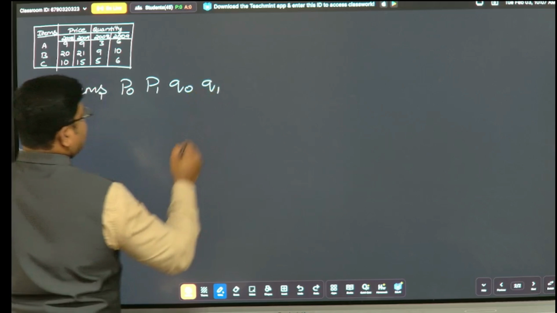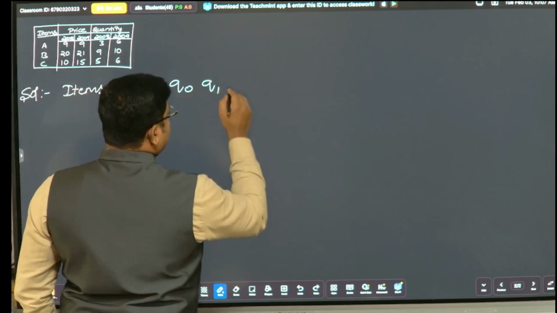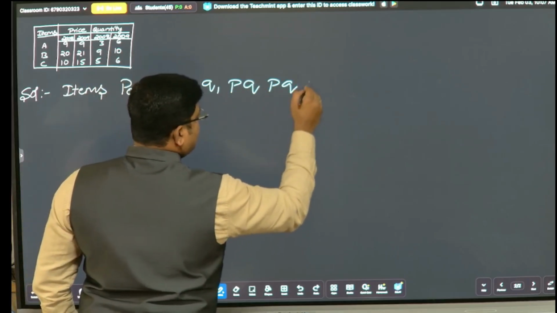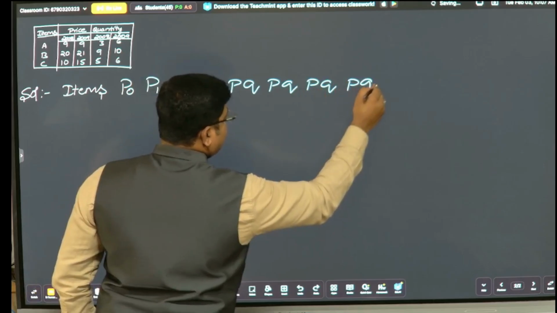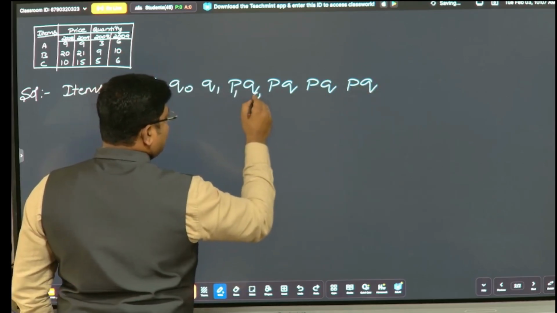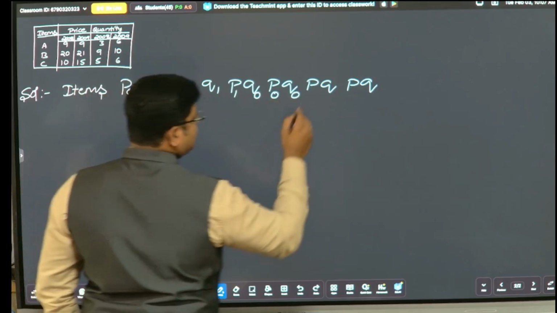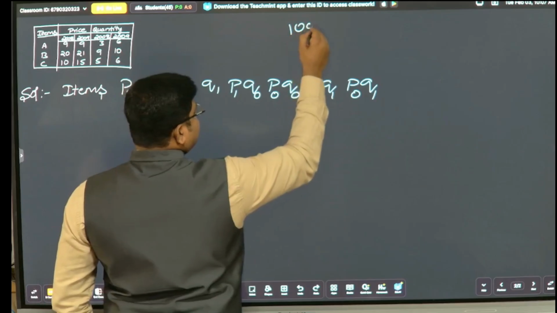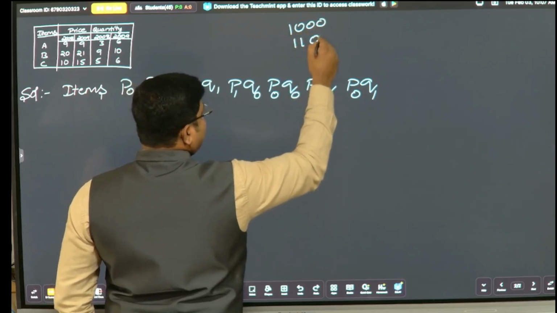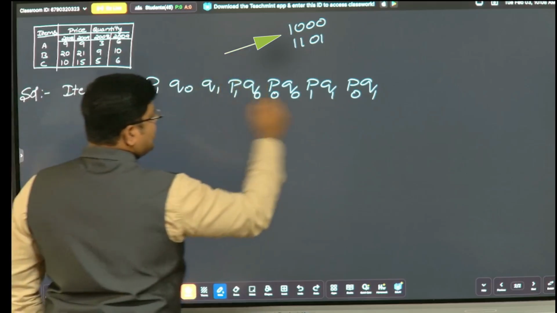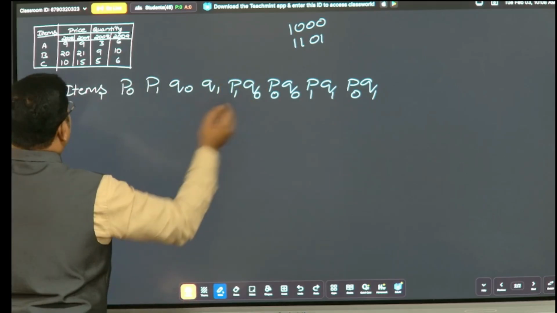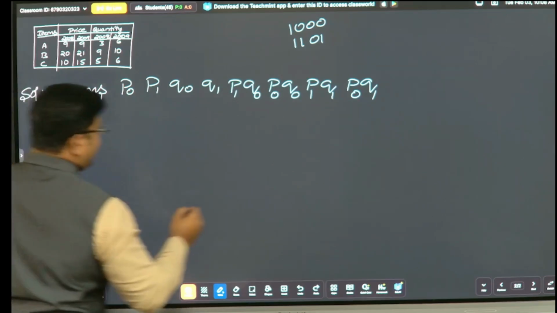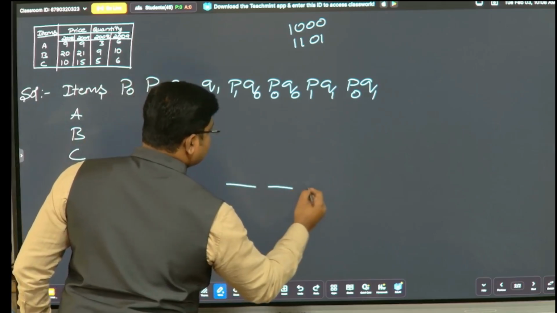Next, Q1. What are the four columns? Normal columns you will get. Come on. P0Q0, P0Q1, P1Q0, P1Q1. How to write this? Number. Correct? Next, 1, 1. I told you these numbers you need to remember. If you remember these two numbers, then we can write this. So please follow this and find out the last four columns.